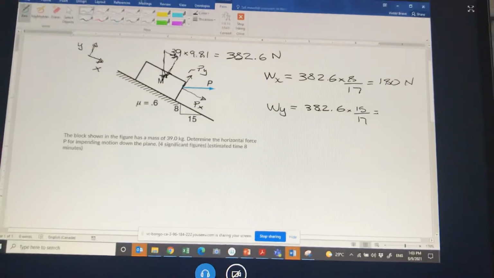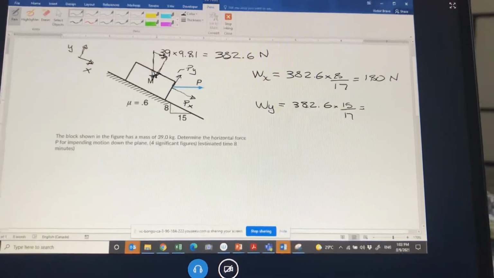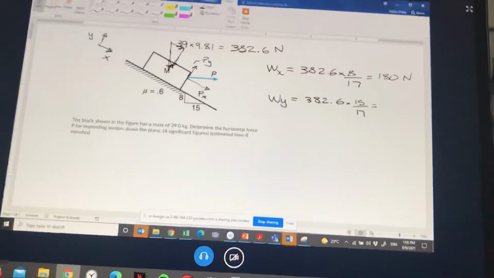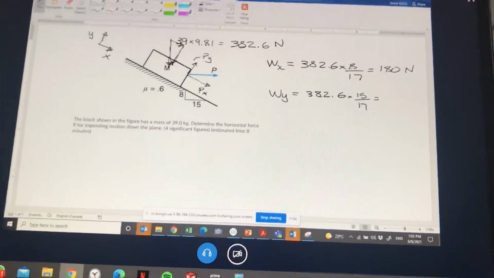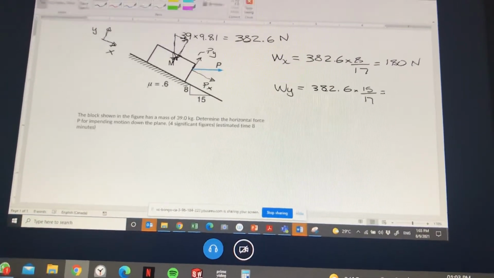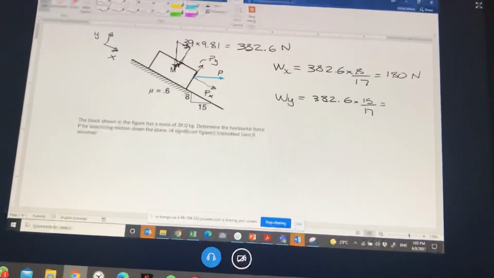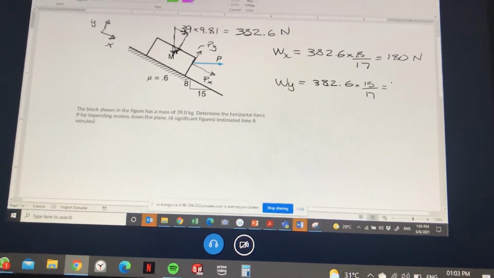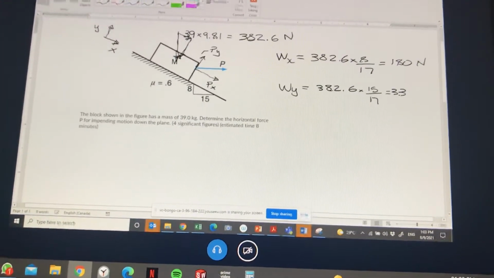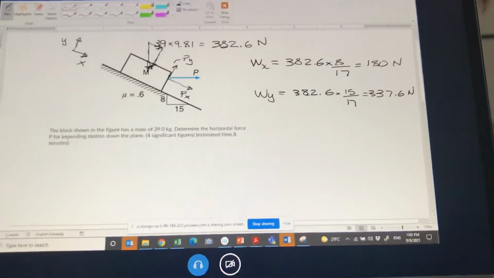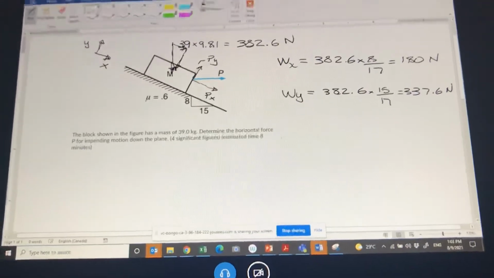So that's the weight component. The weight component will be 382.6 times 15 divided by 17, and that is 337.6. Yeah. Okay. All right. So we got those two.